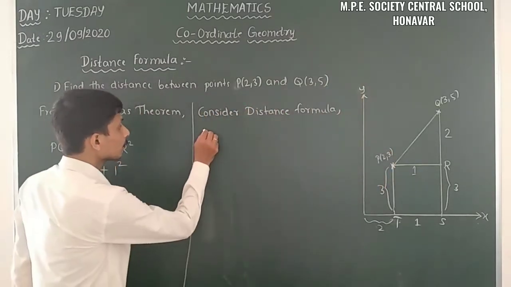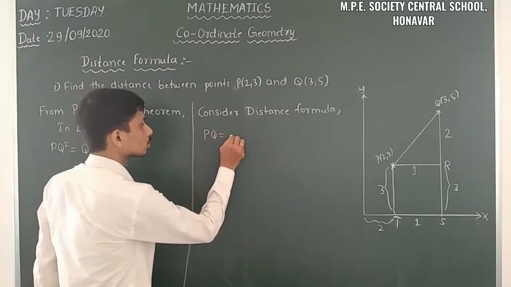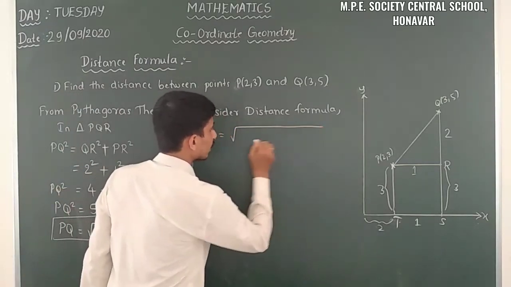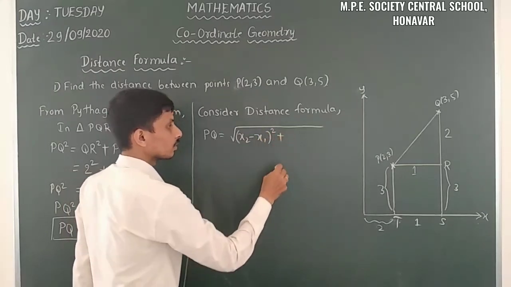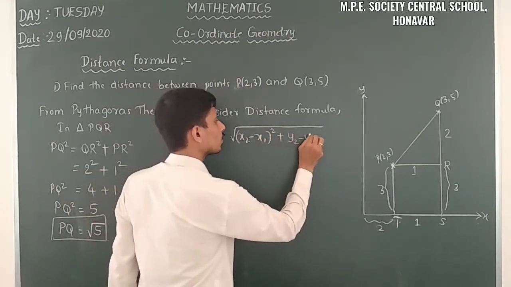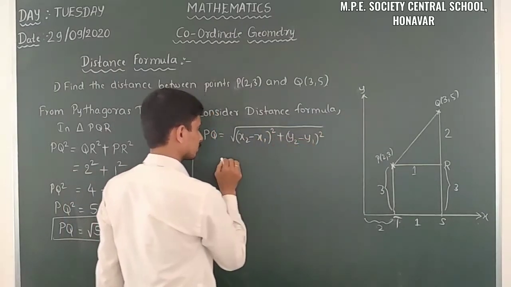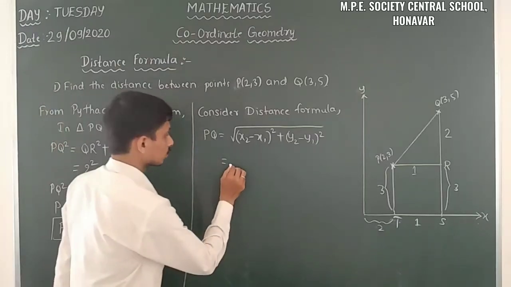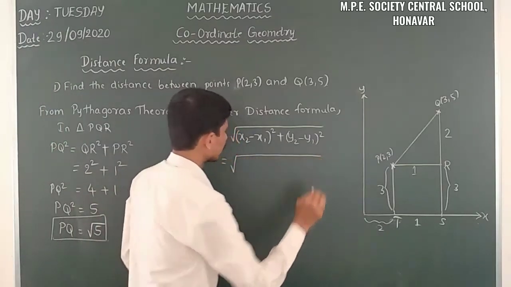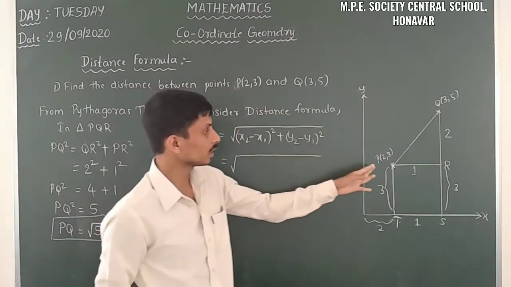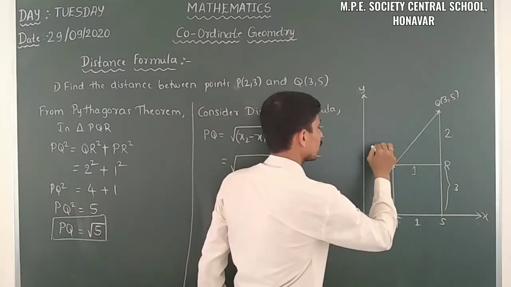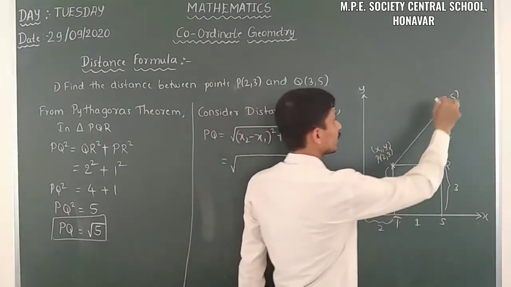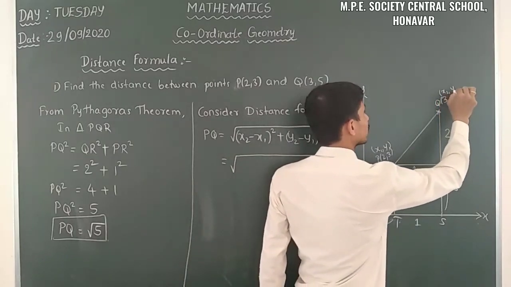So that means here PQ is equal to square root of x2 minus x1 whole square plus y2 minus y1 whole square. What is the value of x2 here when we are taking x1 y1? Here I will take this as x1 comma y1. Here I will take x2 comma y2.